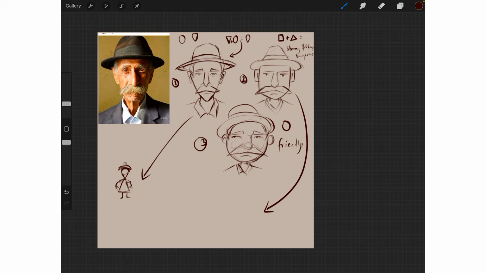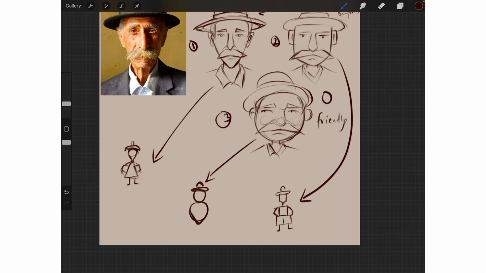Now the second character, which is depicting strength and sharpness, we can also use for body types. You can use the combination of those shapes for the body types. Same thing goes to the last character, which is the friendly character. You can use different variants of circles to create the body types for each character.